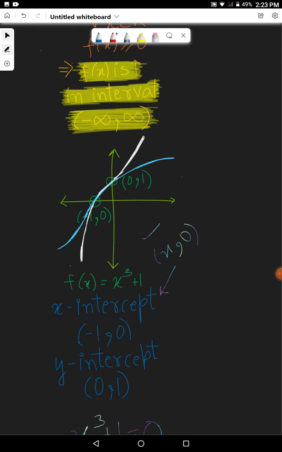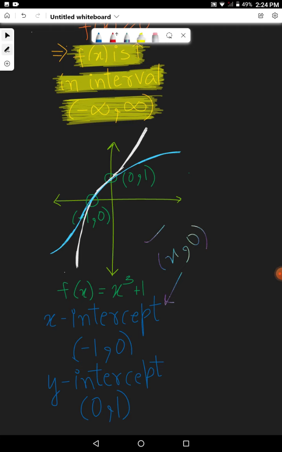So now we are sure that the curve will pass through these 2 points. One is 0 comma 1 and the other one is minus 1 comma 0. So what I did, I first plotted these 2 points on the graph, and then I tried to sketch the curve using the information that the curve is increasing throughout from minus infinity to plus infinity.